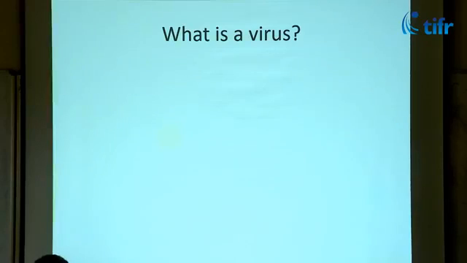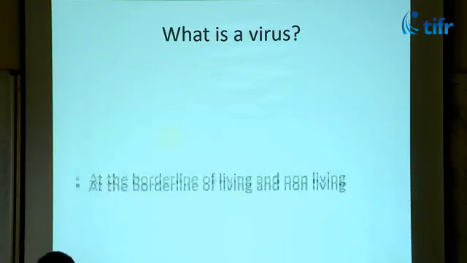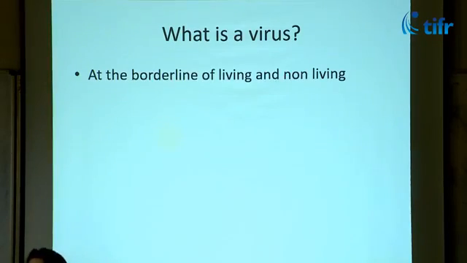So then what's the next question? The next question is, what is a virus? So viruses are really cool creatures and they are at the borderline of living and non-living. So as of yet it is still a scientific debate question whether viruses are living or non-living, because viruses can only survive when they are infecting a cell.